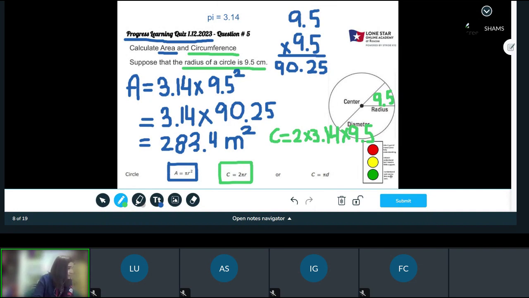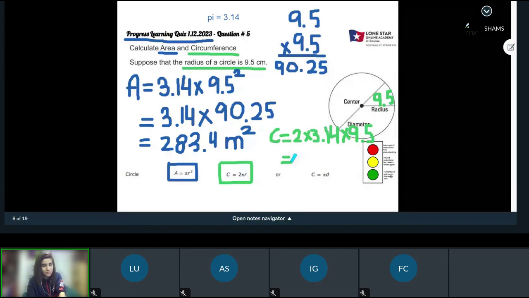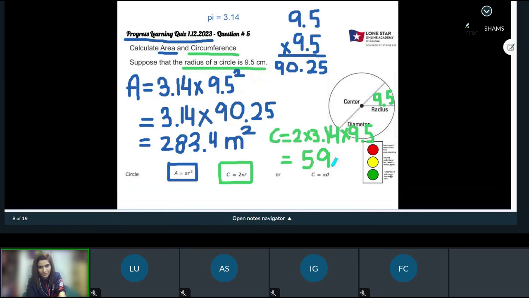59.7 is what I got for circumference. Okay, Ava, very good. We can round. Dion, I'm not sure where you got your answer. I think I agree with Ava. It's 59.66, so we can round to 59.7. This is how much I got when I calculated it, and it will be in meters.